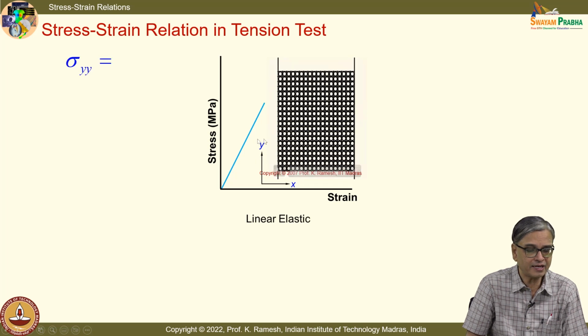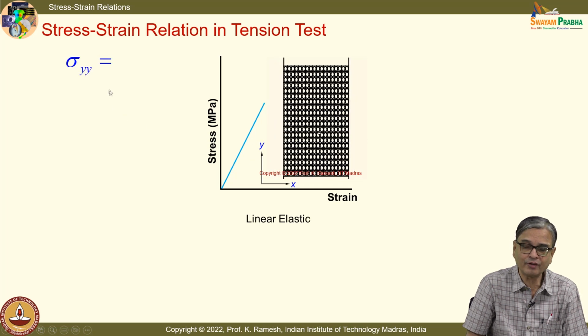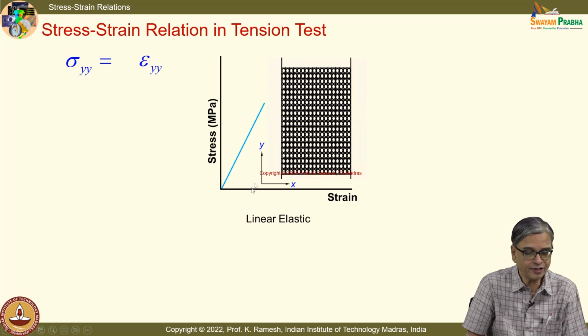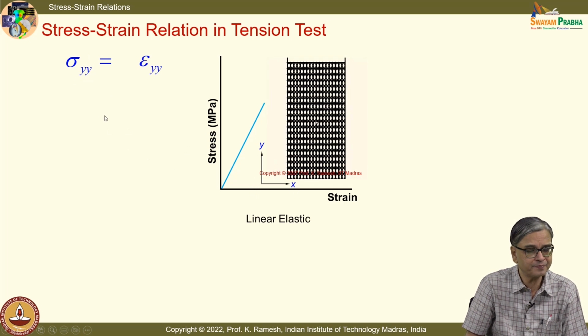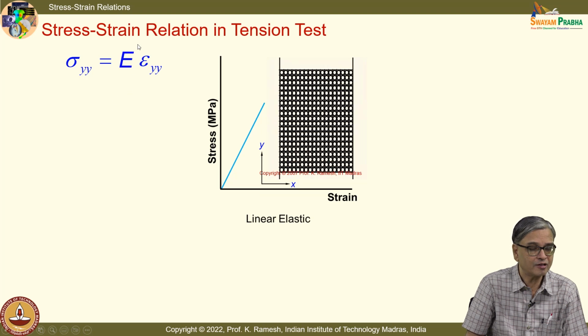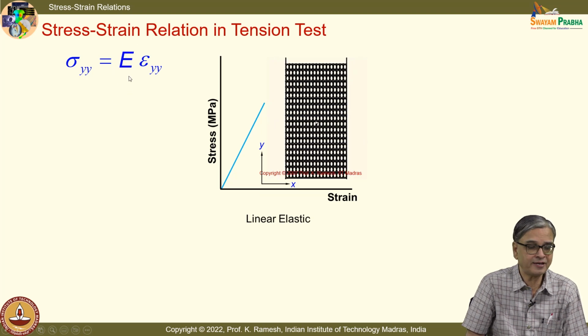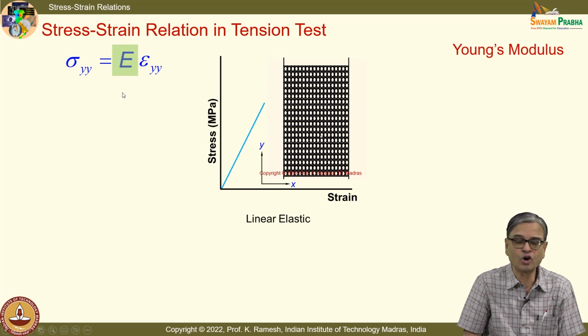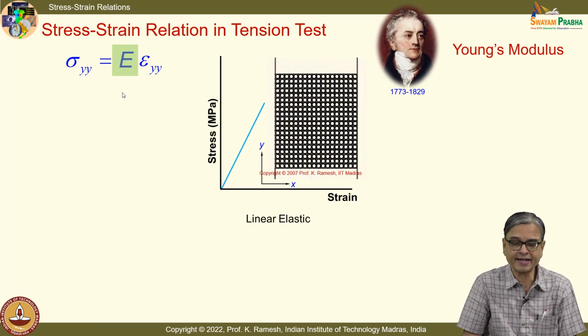I have pulling in the y direction, so I essentially apply sigma yy, that is related to the strain epsilon yy by a material parameter called Young's modulus. It is labeled as E in honor of Thomas Young.